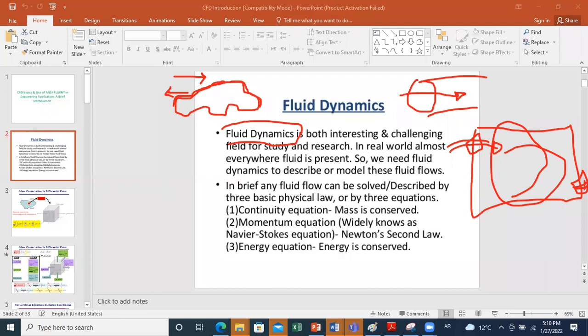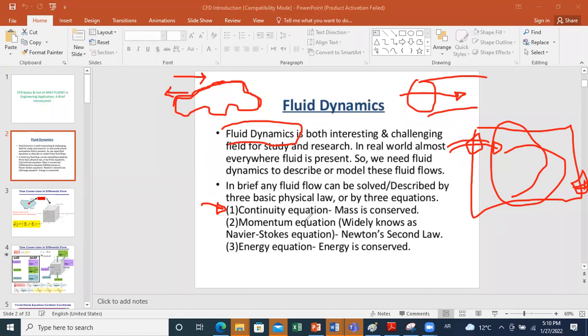So in brief, any fluid flow can be solved or described by three basic physical laws or by three equations. Whenever we have to solve a problem, we start to write equations. The first equation that can come to mind is conservation of mass. So in a certain system, I should do a balance of fluxes to come up with a relation between inlet fluxes and outlet fluxes.